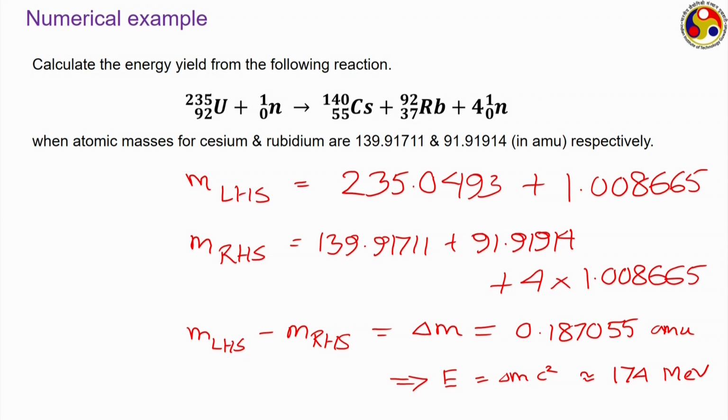There are several kinds of nuclear reactions possible, and I am sure that just by following this mass balance you will be able to calculate the amount of mass defect that we are encountering, and by remembering the relation for the conversion of mass to energy, that is E equal to mc square, or by remembering the equivalence that 1 AMU of mass is equal to 931 MeV of energy.